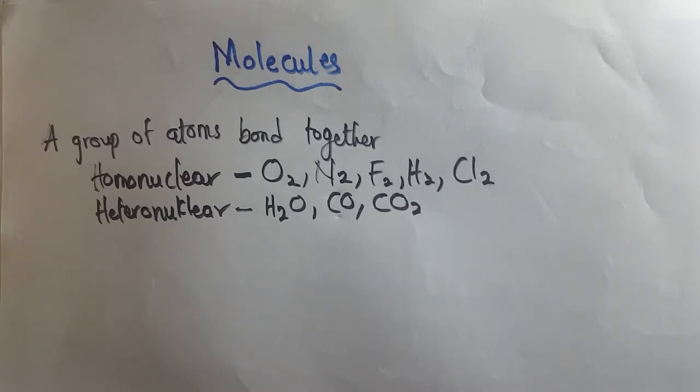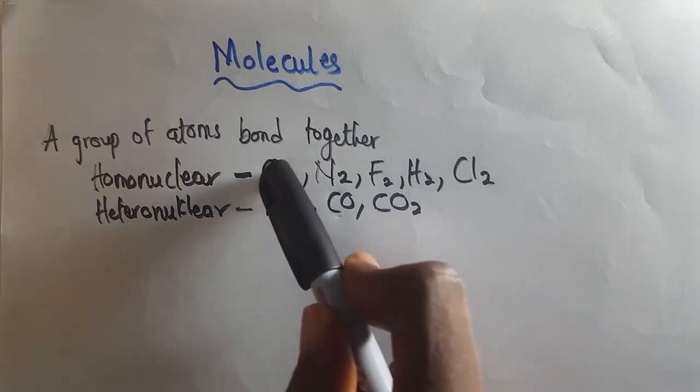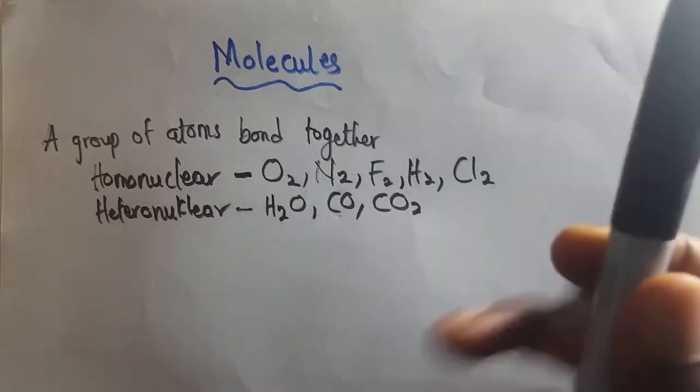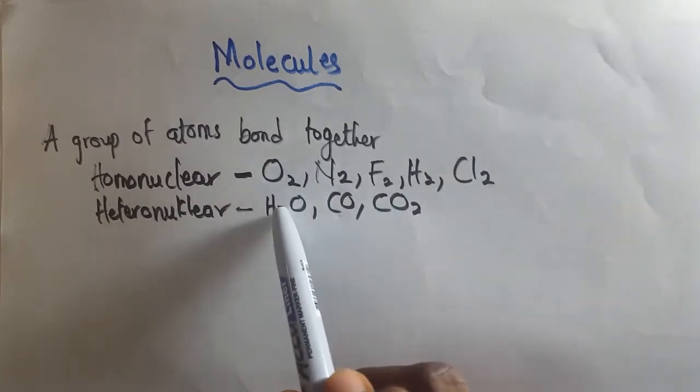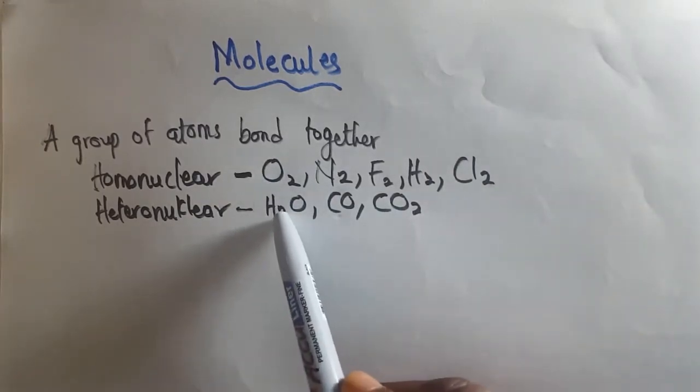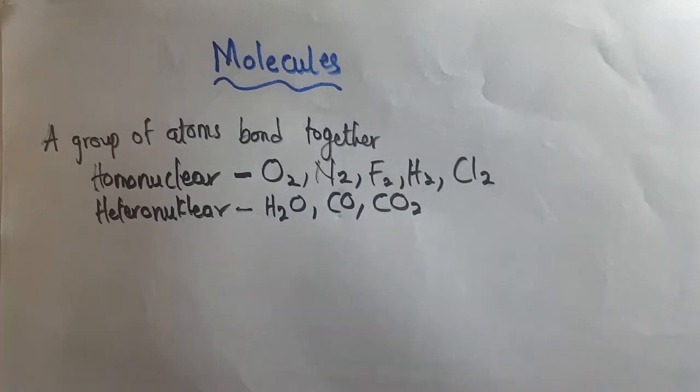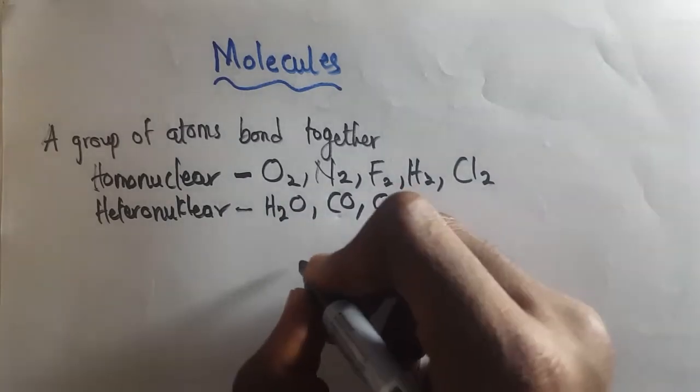Another thing you need to know is that we have molecules which are diatomic. When we say diatomic, it means that you have only two atoms, two atoms of the same kind or two atoms of different kinds. So this is diatomic because atoms of the same kind. This is also diatomic because atoms of different kind.